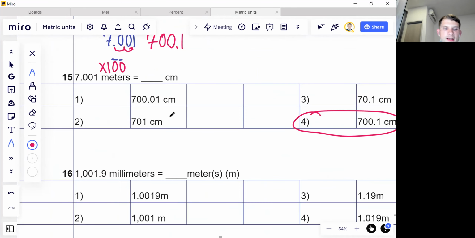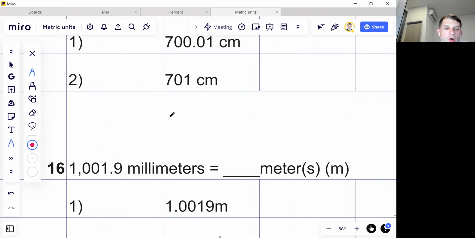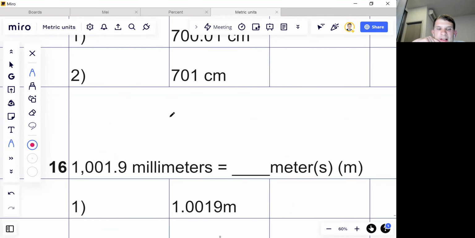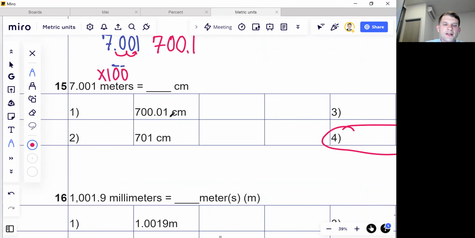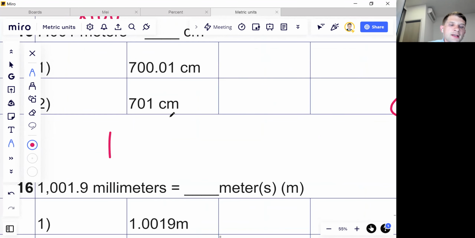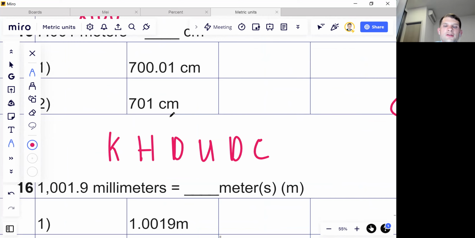Number 16 here says 1,001.9 millimeters equals how many meters? For this one, we need to go several steps. So let me write out my King Henry phrase again: King Henry died unusually drinking chocolate milk.